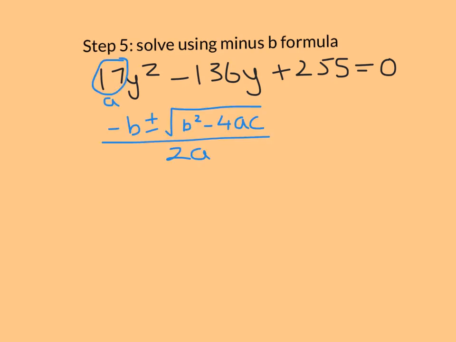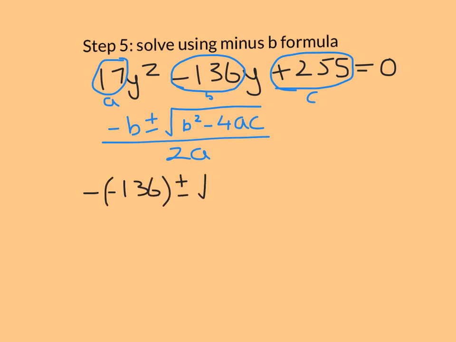I'm just going to go ahead and label all of my a, b and c. So that's going to be my b. And then remember we always include the sign, so that's going to be my c. So then if I go ahead and substitute that in, we will have minus 136, put that in brackets, plus or minus the square root of b squared, which is minus 136 to b squared.